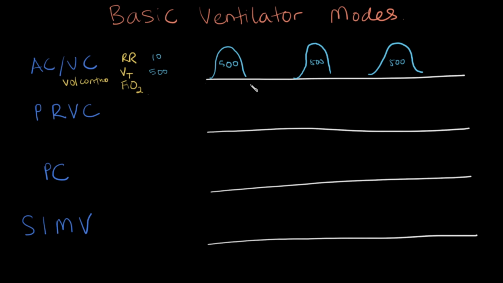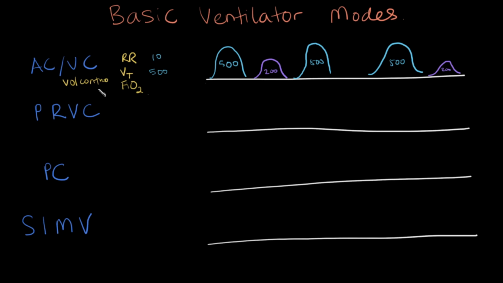Now, one of the downsides is that a patient can take their own breath. In between some of these, the patient might try and breathe a little bit. If left unchecked, patients can keep breathing and increase their minute ventilation and drive off their CO2, and that can cause a respiratory alkalosis.